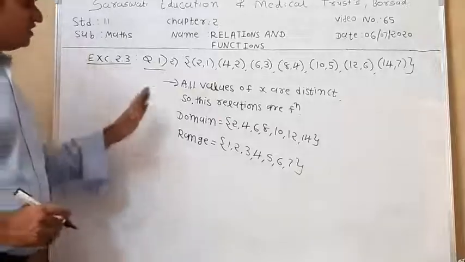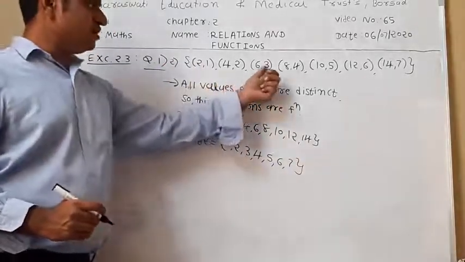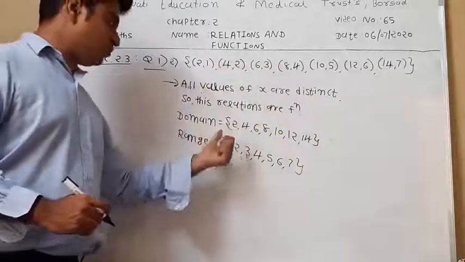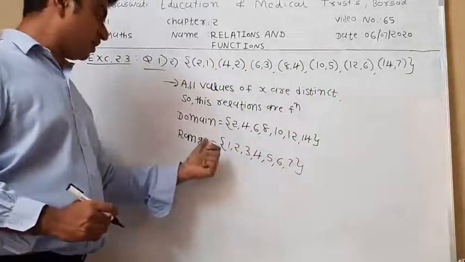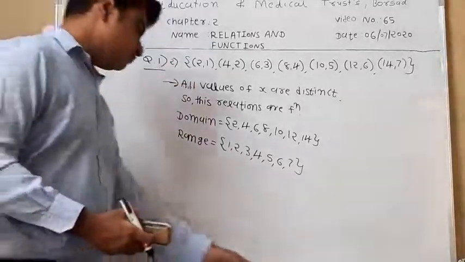So this relation is a function. Domain means the first position of the ordered pair, and the second position is our range. Third question.